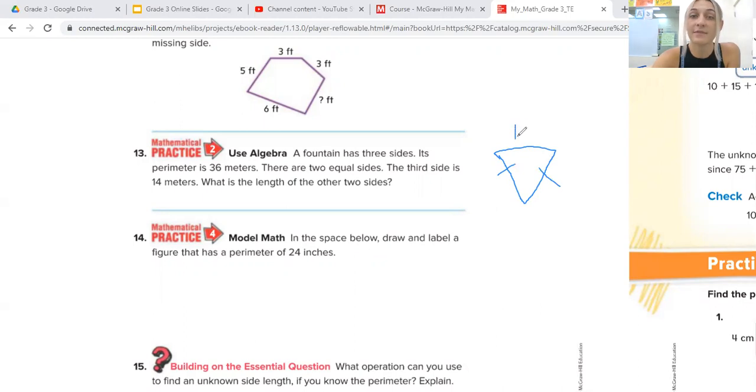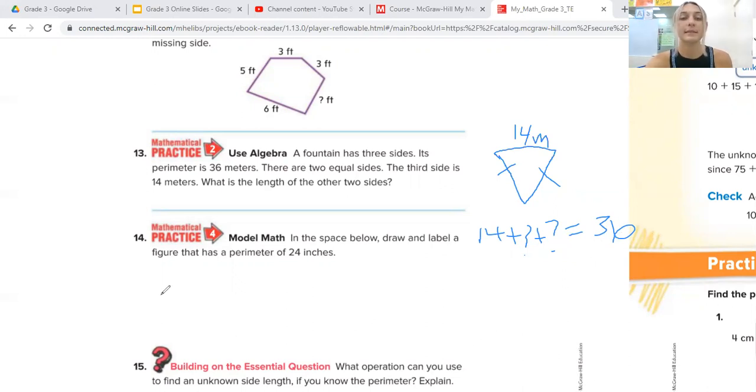The third side is 14 meters. My total, 14 plus something equals 36. Now these two somethings are the same number. So you need to figure out what plus what, same number twice, plus 14 equals 36.